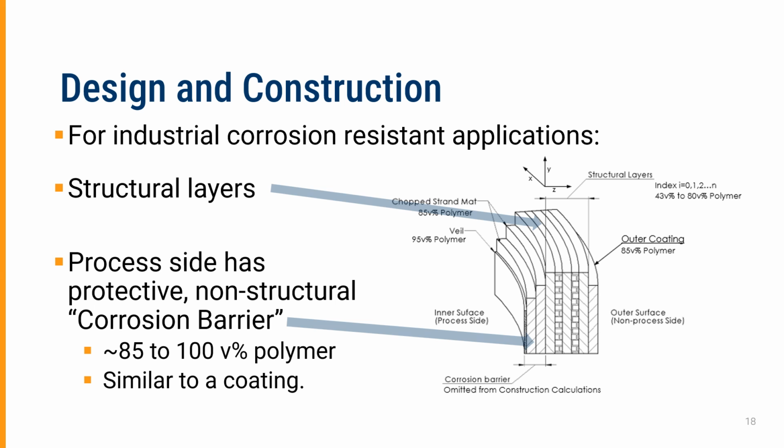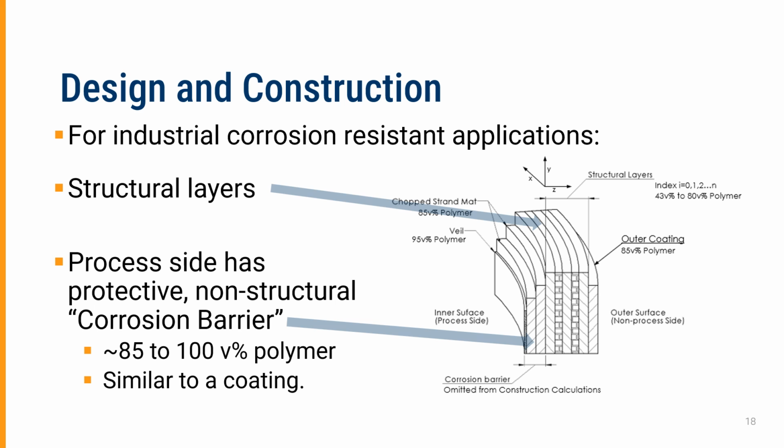This nominally a corrosion barrier is about 2.5 millimeters, 2.4 millimeters thick. And it's a couple of layers of chopped strand glass, and another thin layer of high resin concentration.